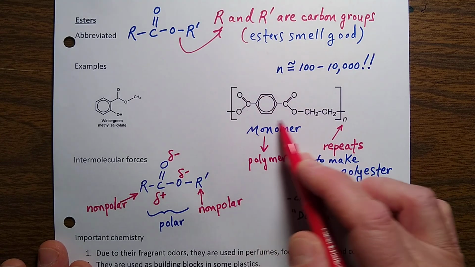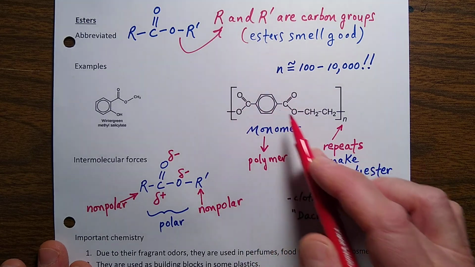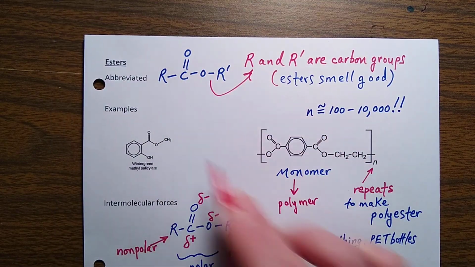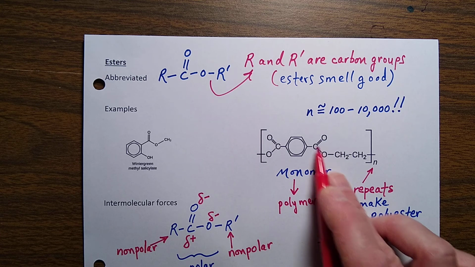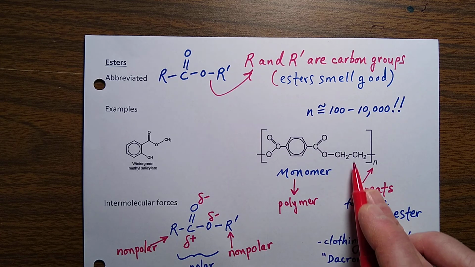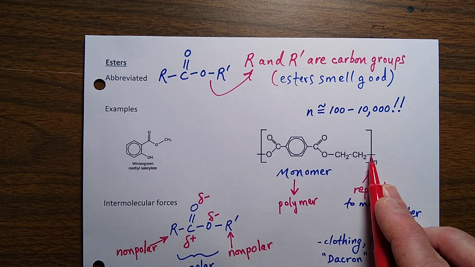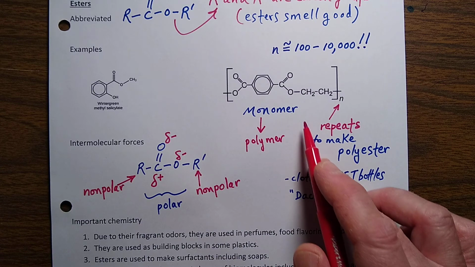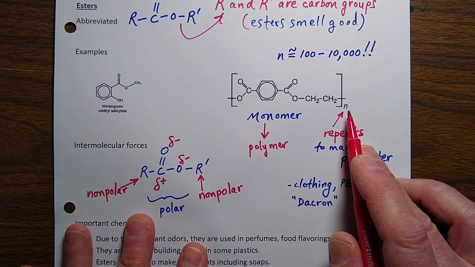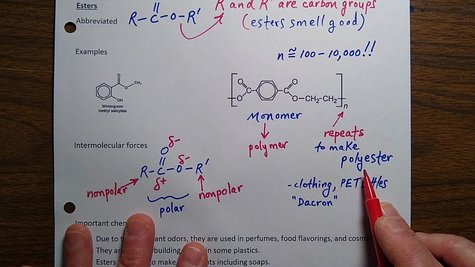But if you take this diacid, so it's got a carboxylic acid on both ends of the molecule, with a benzene ring, and if you mix it with a molecule that has two alcohol groups on the ends, and you heat it under the right conditions, you can string these things together in very long chains, and they become polyester.